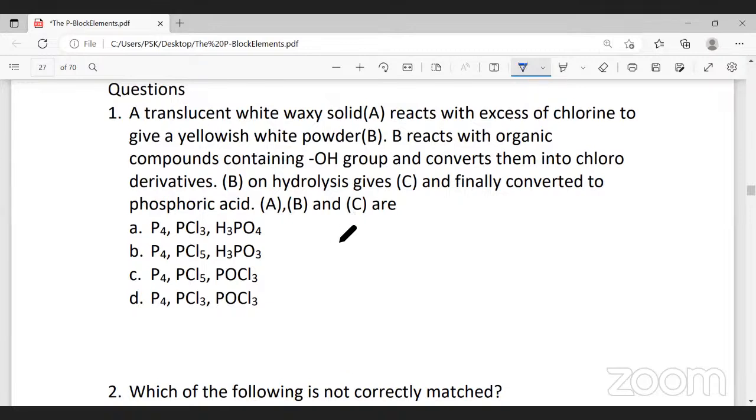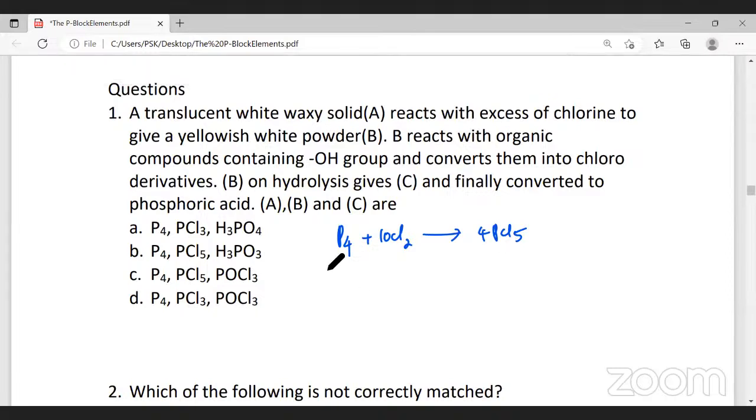The white waxy solid is white phosphorus. This white phosphorus reacts with excess chlorine to form phosphorus pentachloride, PCl5, the first one. The second one is this PCl5, which is formed, reacts with the organic compound containing OH, that is alcohol, to form chloro derivative, we will get chloroethane plus POCl3 plus HCl.